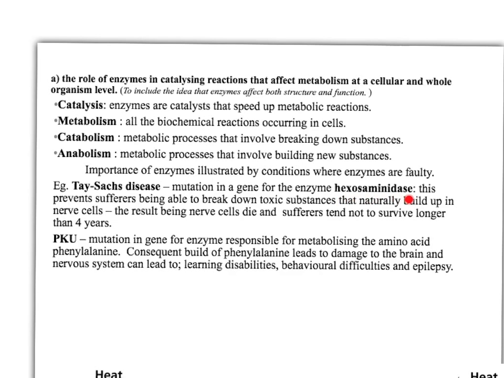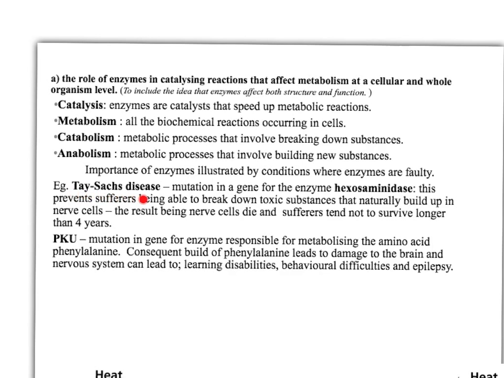This enzyme is responsible for breaking down a substance which is absorbed by nerve cells called a ganglioside. Gangliosides enter nerve cells and in healthy individuals are broken down in the lysosomes of healthy nerve cells.